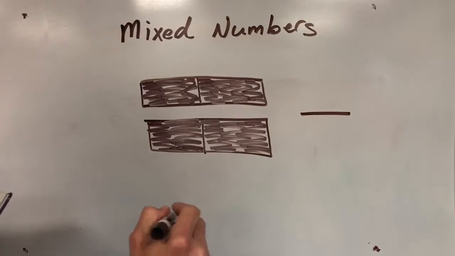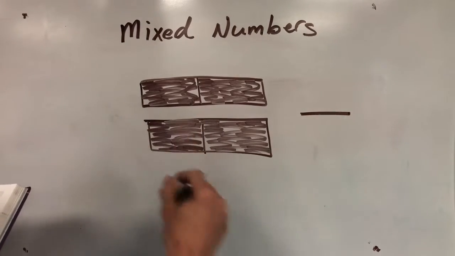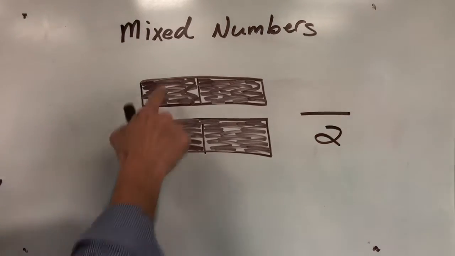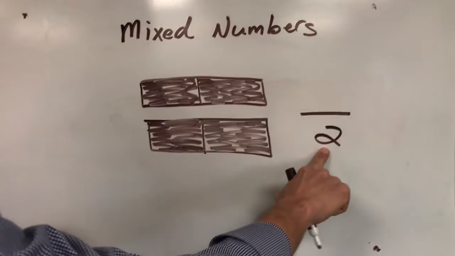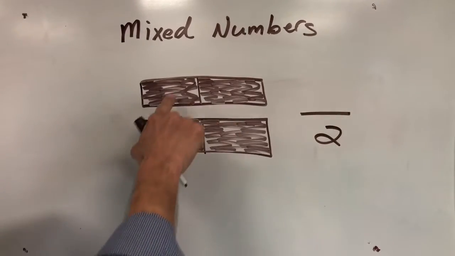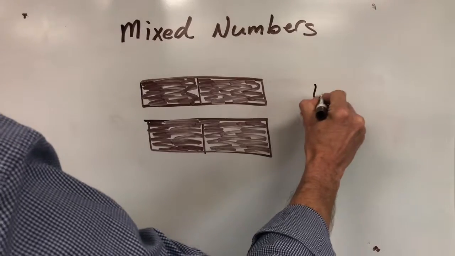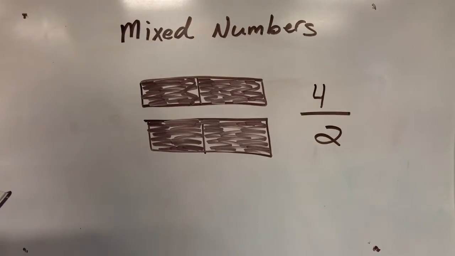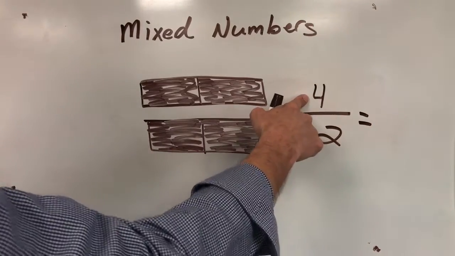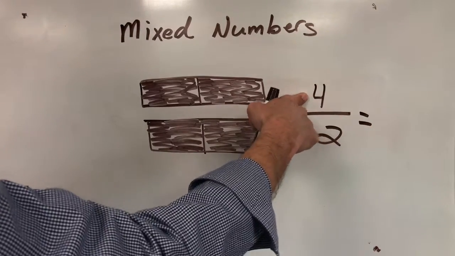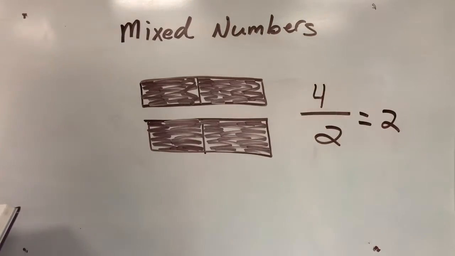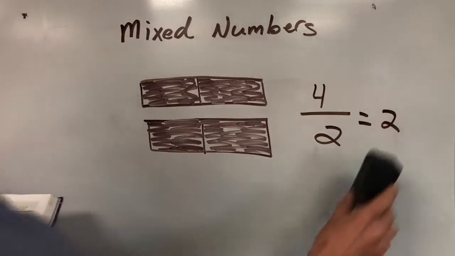So the question is, how many parts are in each unit? The answer is 2. There's 2 parts here and 2 parts here, so in each unit there are 2 parts. Now, how many are shaded? 1, 2, 3, 4. That becomes the top number. If we work this as a division problem, 4 divided by 2 equals 2. Let's try another one.